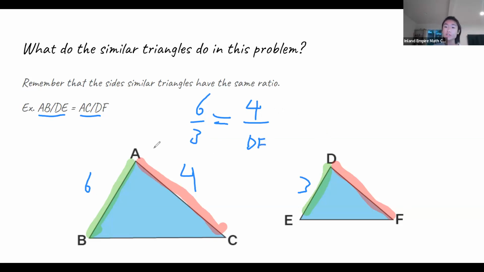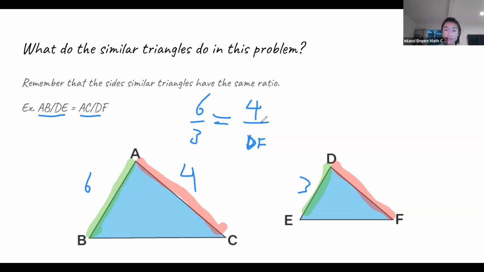So these are in the same ratio, so now we can find side DF. DF will be equal to just multiplying things out; we can solve for it in this fraction. And something else we can do is see that side AB is just twice the length of side DE, and because these triangles are similar, we can infer that side AC is also twice the length of side DF.